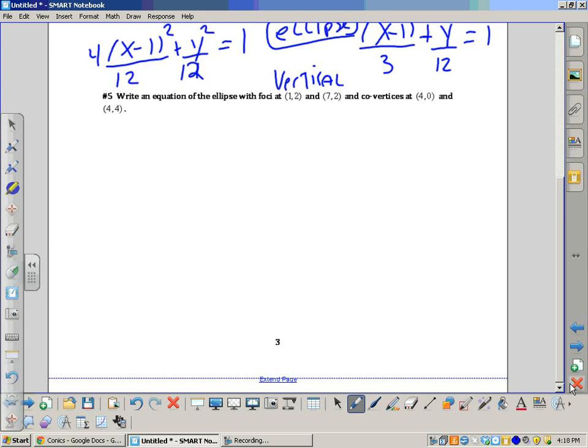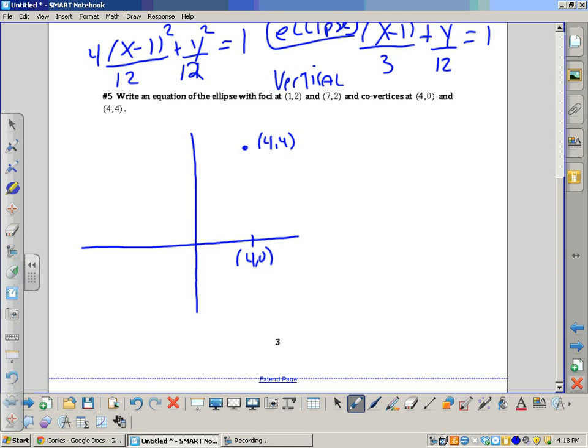So co-vertex at (4, 0). I'm going to put a dot at (4, 0). And the other co-vertex is (4, 4). Okay, so the co-vertices are given there.